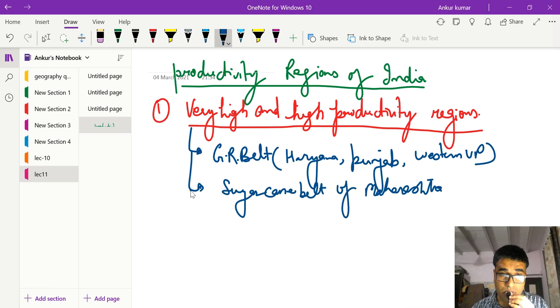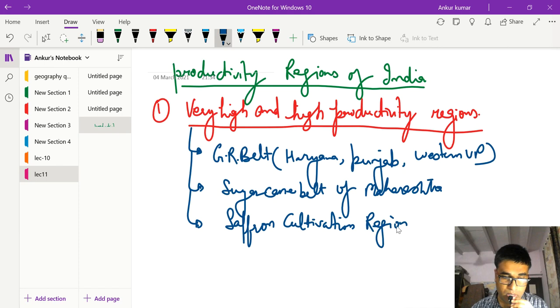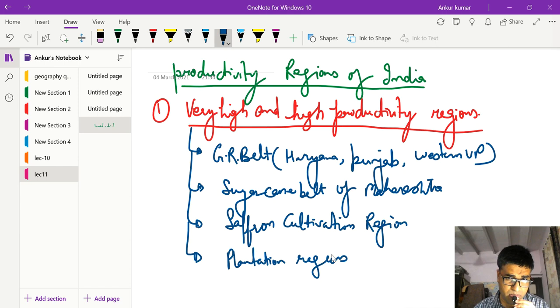Then it includes the saffron cultivation region of Kashmir. It includes the plantation regions of India.